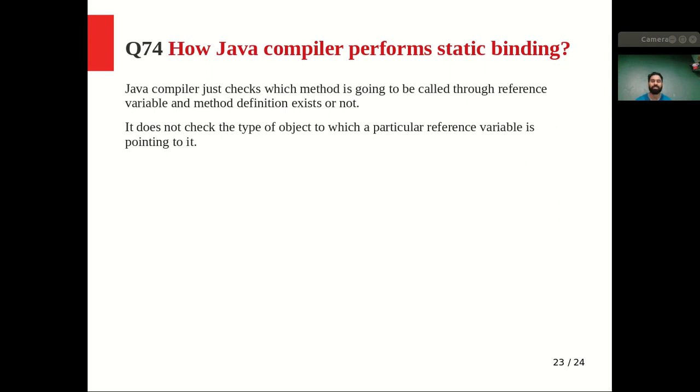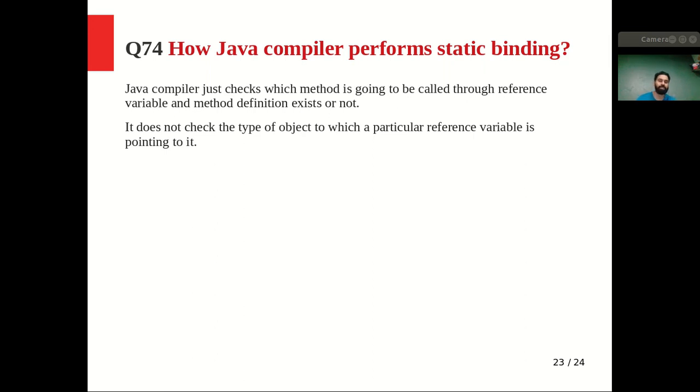That is only checked in static binding. It does not check the type of object to which the reference variable is pointing.